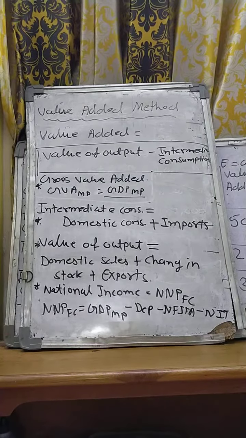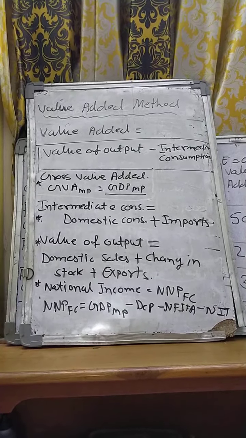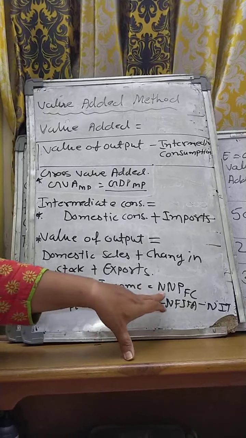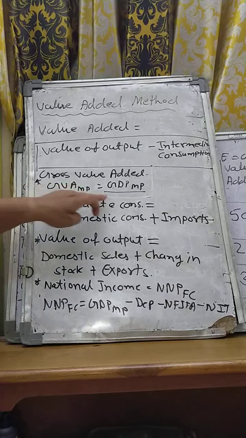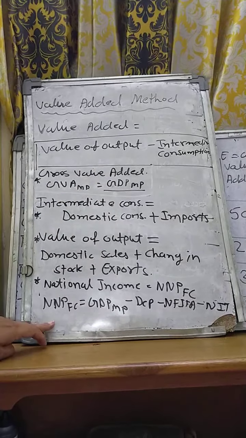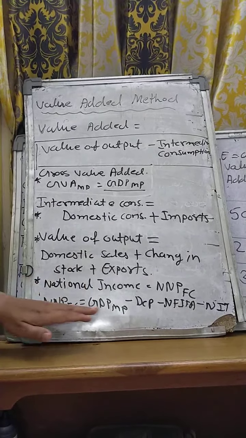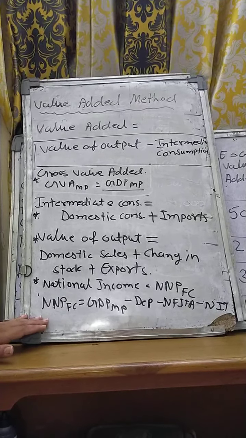Now in this method we have to find the national income. What is national income? As we already saw, national income equals NNPFC. We are at GDPMP and NNPFC is our destination.